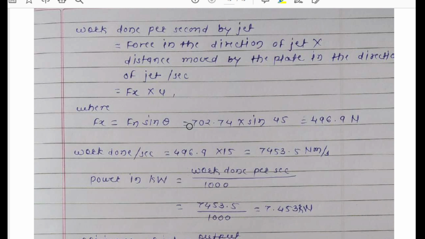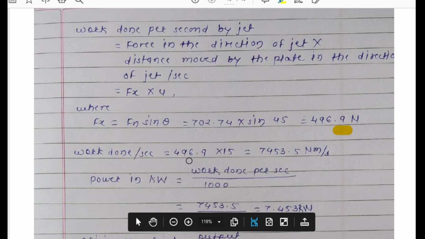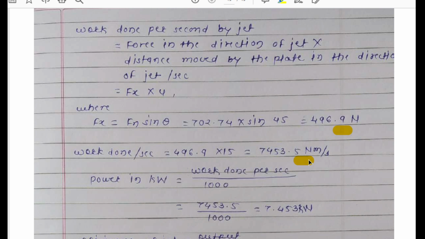Fn we have already calculated, so put that Fn value here and the sine theta value here, you will get the value of Fx. From this, the work done will be Fx into u, that is 7453.5 newton meters per second.